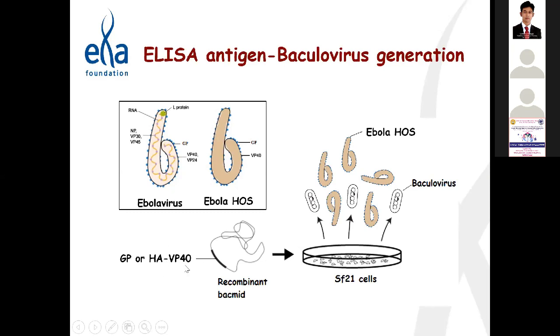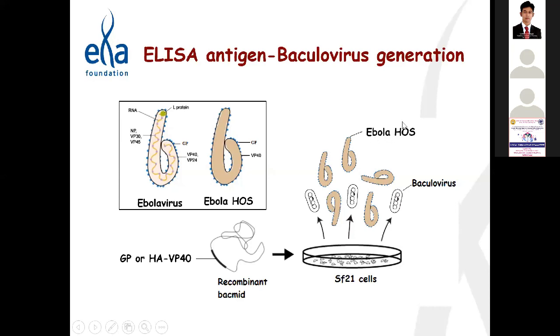VP40 is another structural protein which is present on the Ebola virus. When we looked at earlier publications, we saw that VP40 and GP, when they are co-expressed, form a virus-like particle.